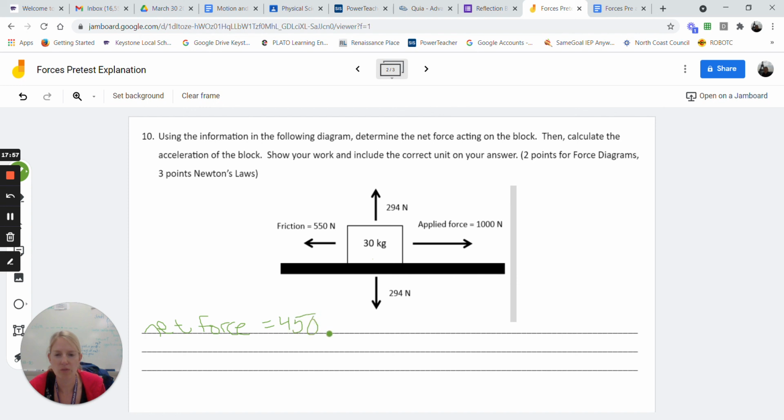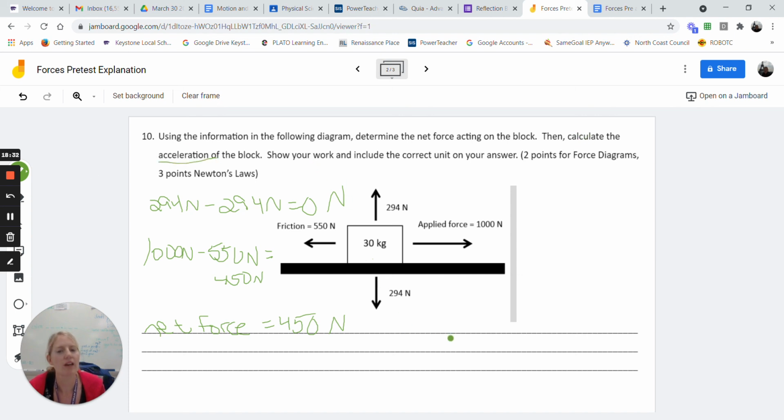I should probably show my work so I can get full credit here. So I might write off to the side 294 newtons minus 294 newtons equals 0 newtons, and then 1000 newtons minus 550 newtons equals 450 newtons.